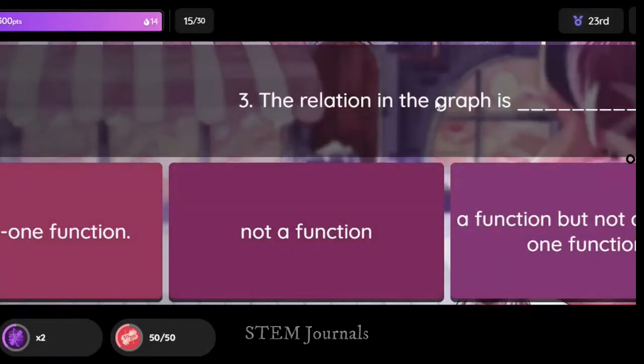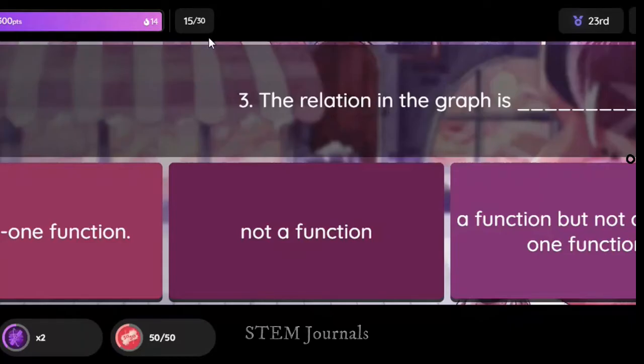And itong graph natin dito, ang ginagamit kasi natin kapag sinabing function or not lang yung question, pag nag-draw ka dapat ng vertical line, so we're using vertical line test, dapat isa lang yung tatamaan niya.